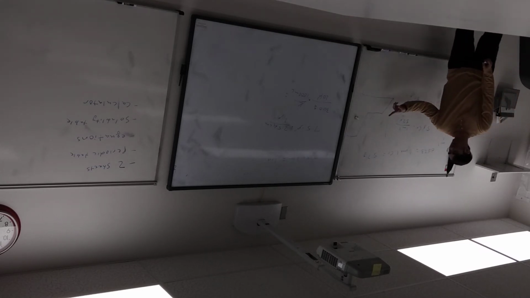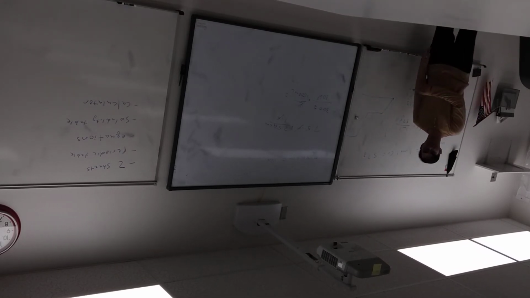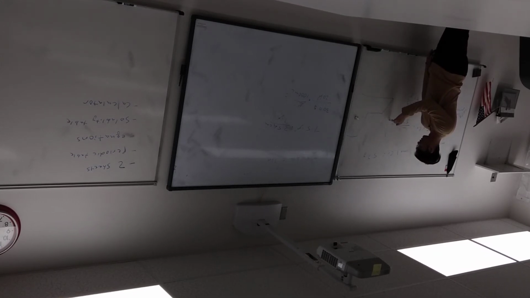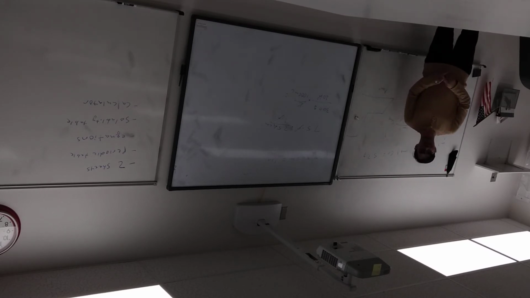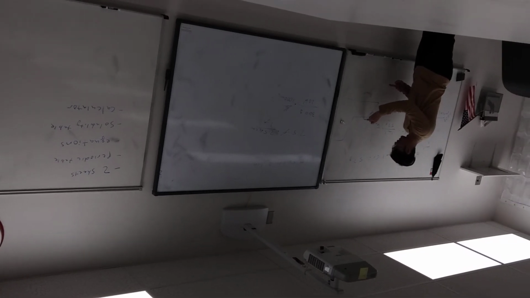Okay, what is happening at this horizontal line? The y-axis is temperature, the x-axis is heat. So let's say this is your ice cube. Ice cube, melting point, melting.